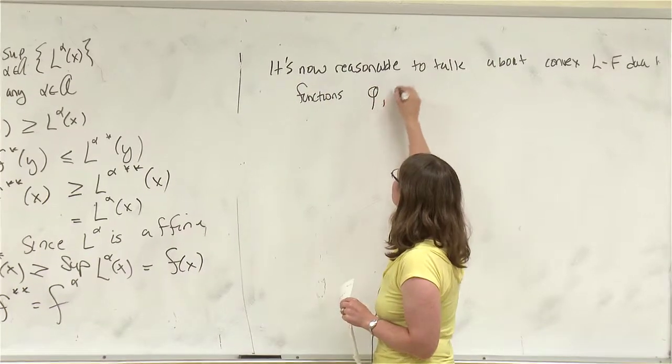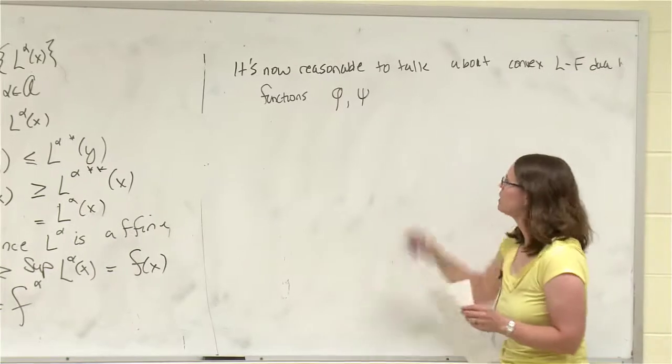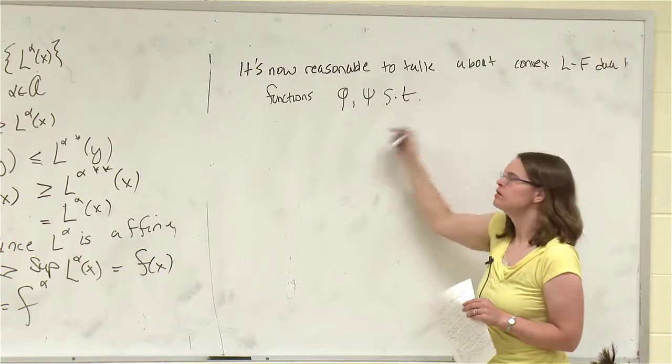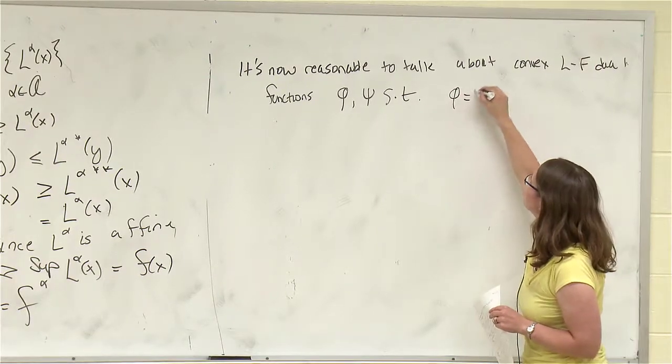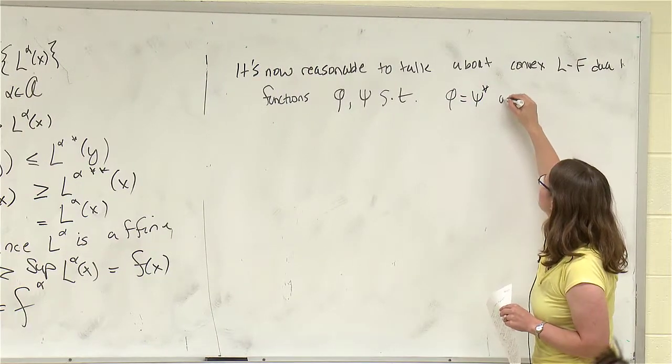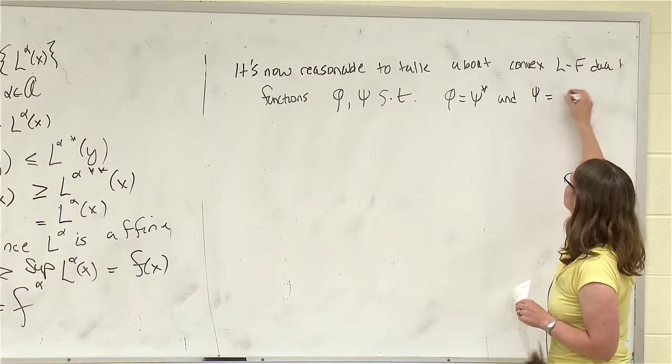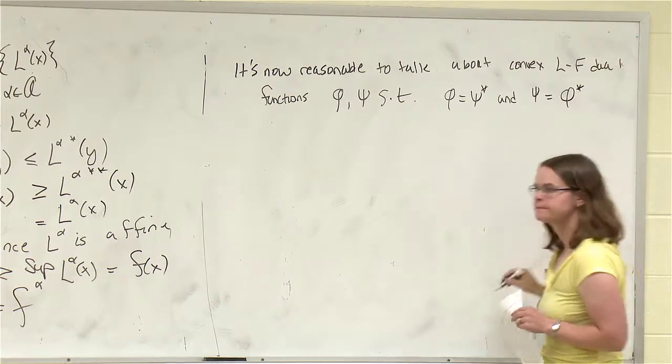Okay, so say phi and c, such that these guys are Legendre transforms of each other. So such that phi is c star and c is phi star.